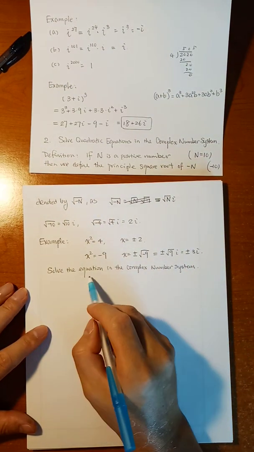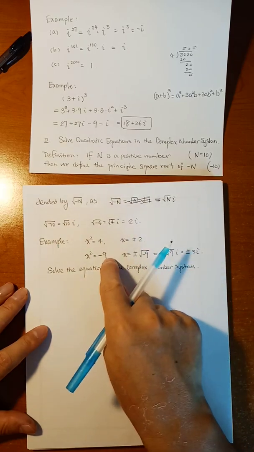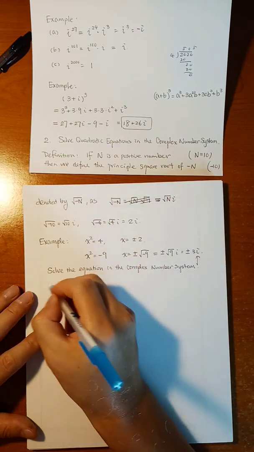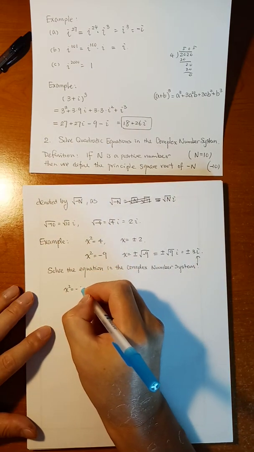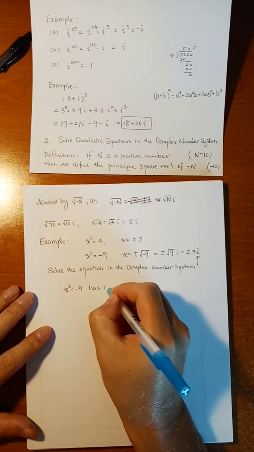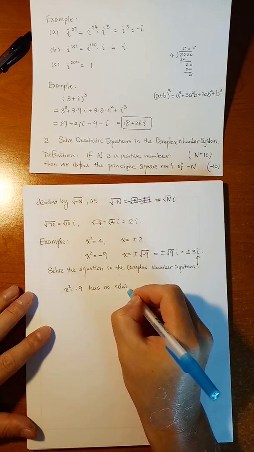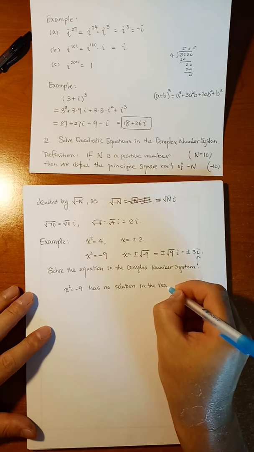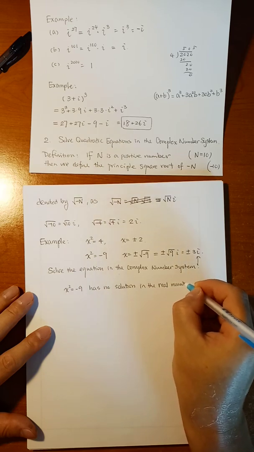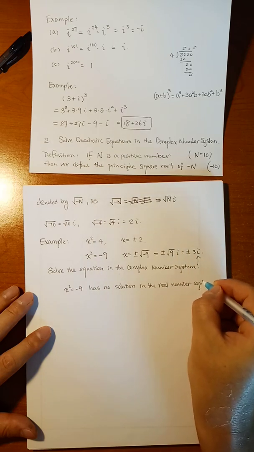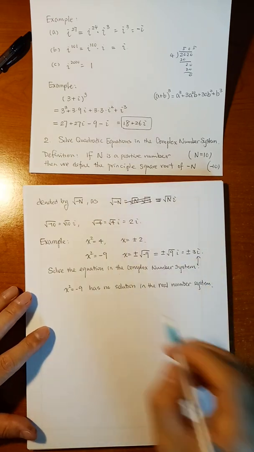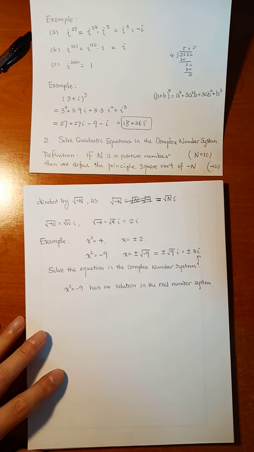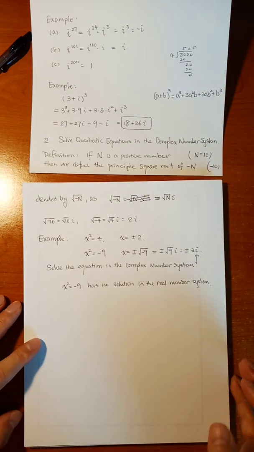If we say we solve the equation in the real number system, then this one has no solution in the real number system. But it has a solution in the complex number system.